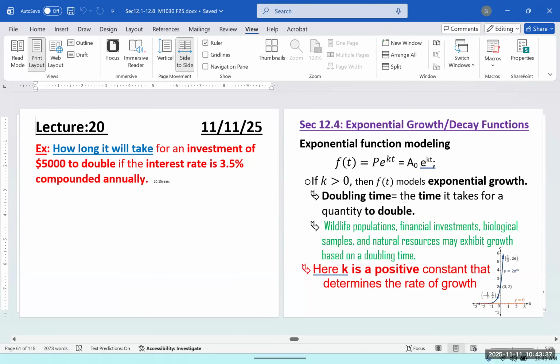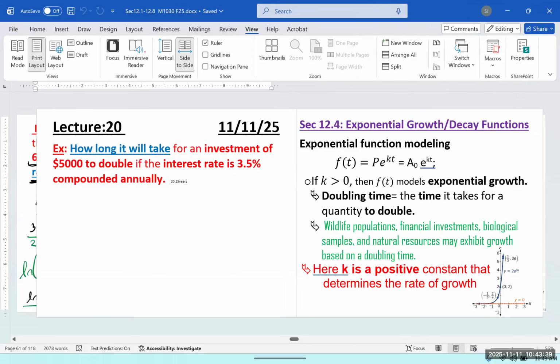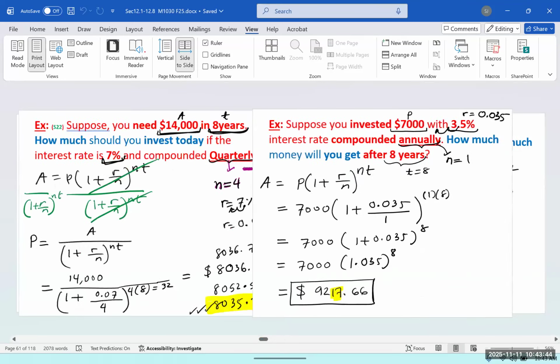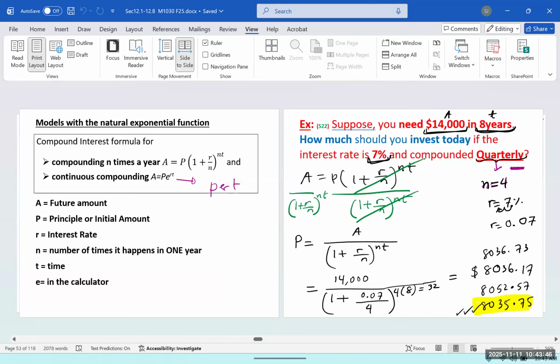Okay, so in our last class, we talked about money problems. To solve any type of banking issue or money problem, you have to memorize these two formulas. The first formula is when you're compounding your money several times in a year.